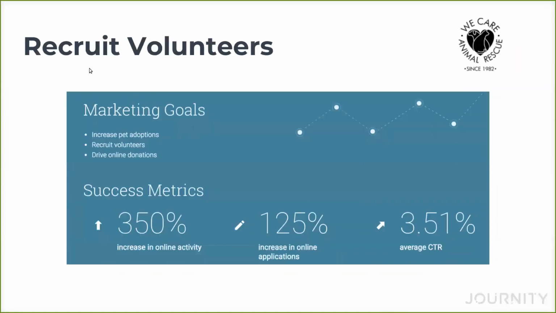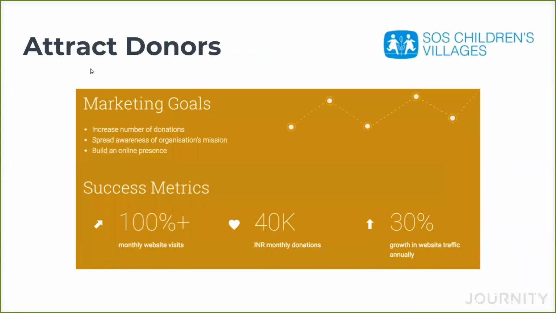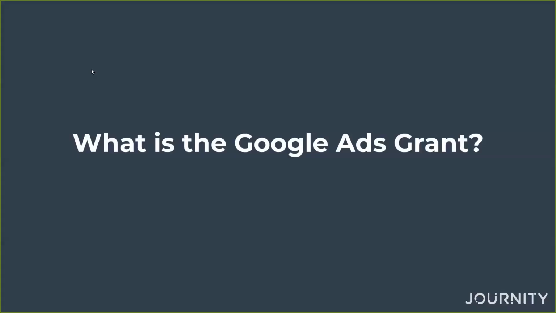We Care Animal Rescue has increased their online applications 125%. SOS Children's Villages, a 100% increase in monthly website visits and 40K in monthly donations. So it is something that is really a big opportunity and really can help you increase your impact and help you grow. So now you know why.